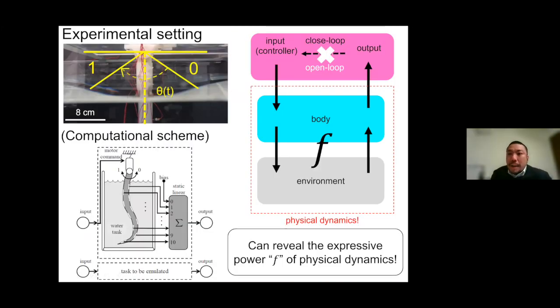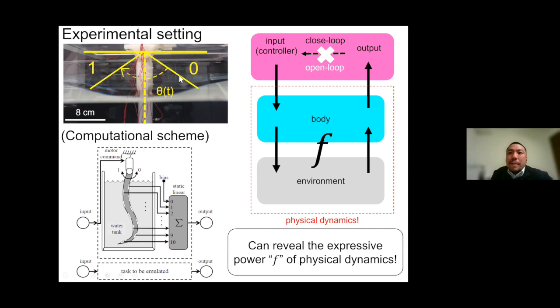And the input can be set in really various settings, but today we only focus on the binary setting. If the motor command says 0, then this motor should bring this base part to the right-hand side.